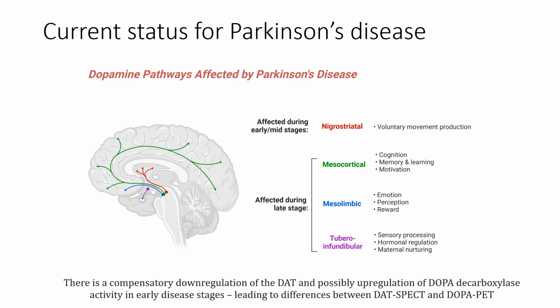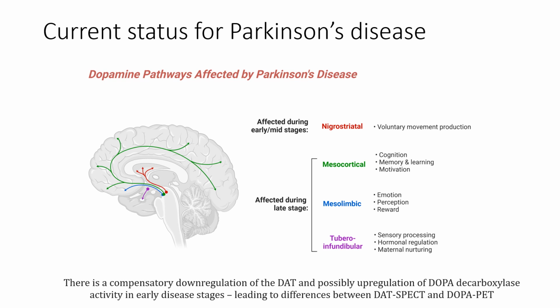And it's also important to note that there are upregulations and downregulations involved during this process, especially in the early stages. So the two tracers that we look at, the DAT scan and the DOPA-PET scans, have some differences. So if you scan the same patients, you might get different quantification of the disease. So it's really important to note that.